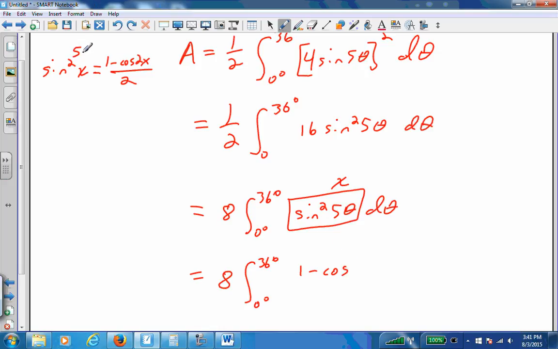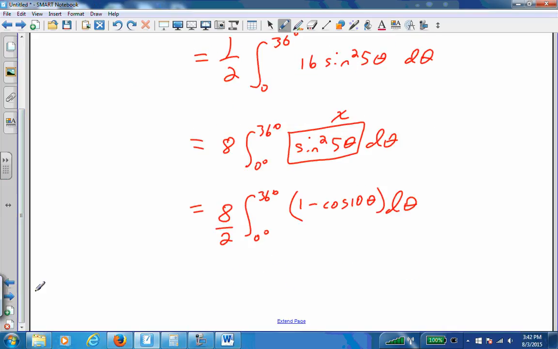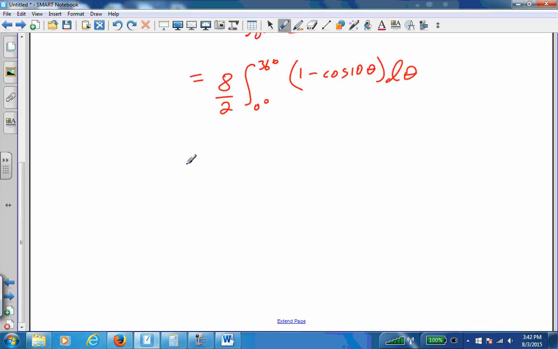So if our angle is 5 theta, then when we change it to twice that, it's 10 theta, not 1 theta. 10 theta over 2, and we could put the over 2 inside or outside. So 4 times the integral from 0 to 36, 1 minus cosine 10 theta d theta.